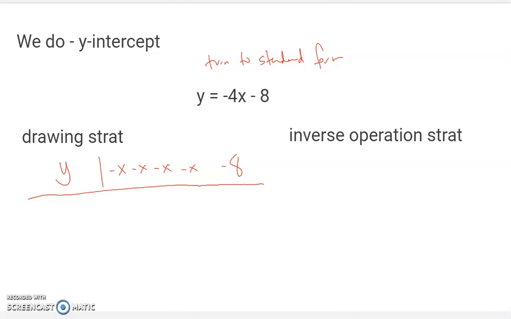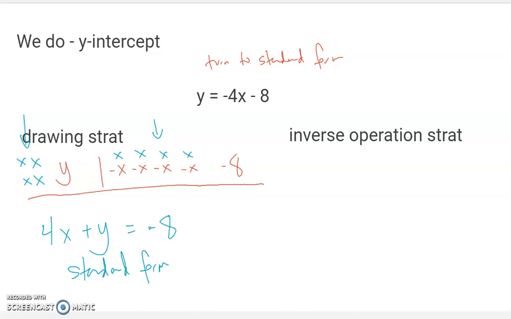And to make these disappear, I'm going to add 4 positive x's to neutralize them, to kind of make them go away. And that is fine as long as I also add them here. So when I'm done, I end up with 4x plus y on this side and negative 8 on the other side. And that is in standard form. Ta-da!